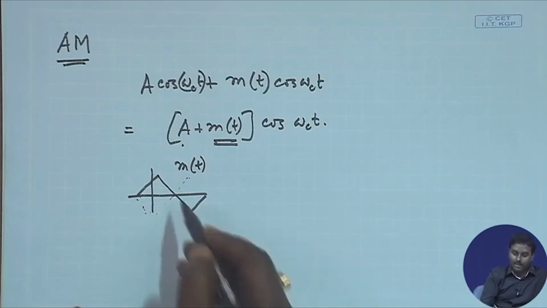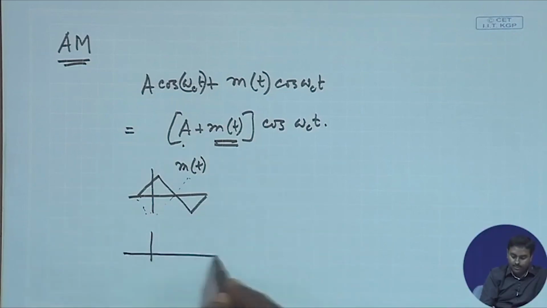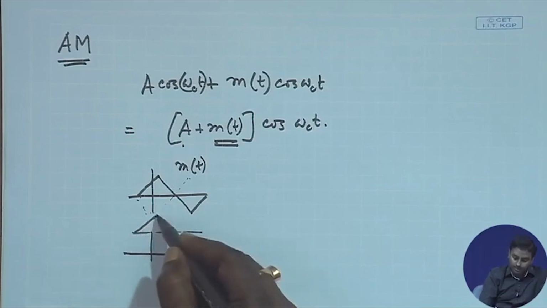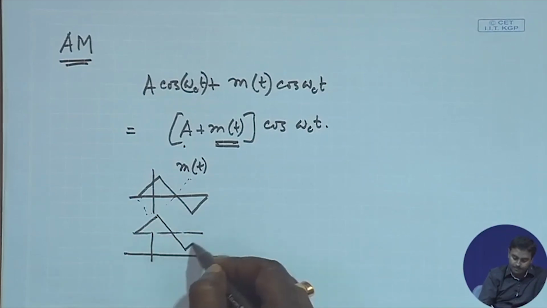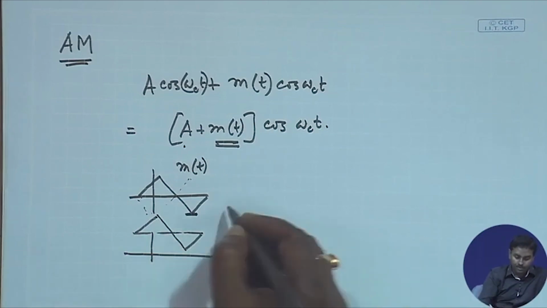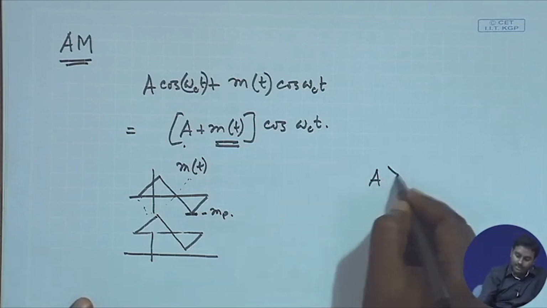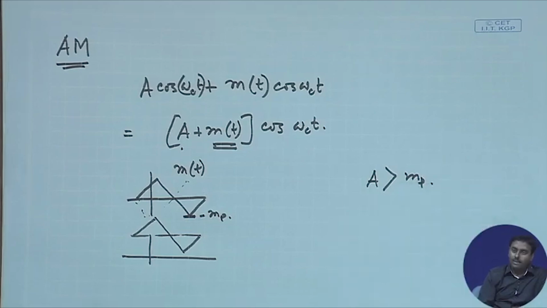Now what we are doing is adding a DC to this m(t). Let us say that is A, so m(t) will sit over this, and suppose this is the minimum, which is called minus m_p, the minimum voltage of my message signal, and my A is greater than this m_p. Then the entire signal will be above the zero level.